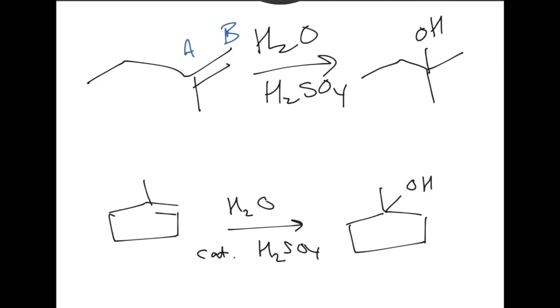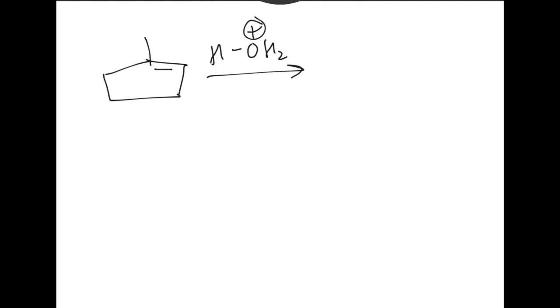Someone in the early class asked me, why does this work? Why can we just predict this? Remember, it goes back to carbocation stability. If we have this structure, and we add, we have two possibilities. We can make two different carbocations.